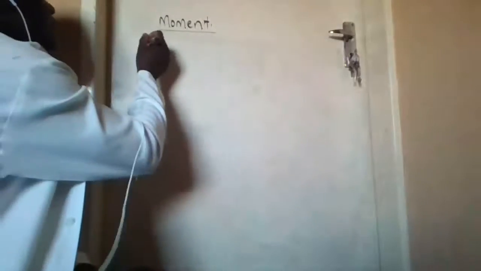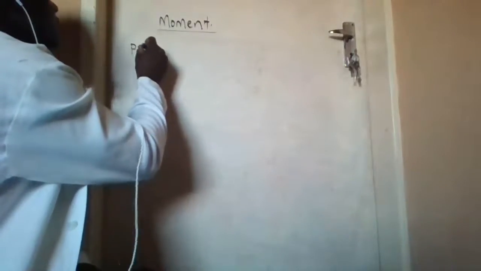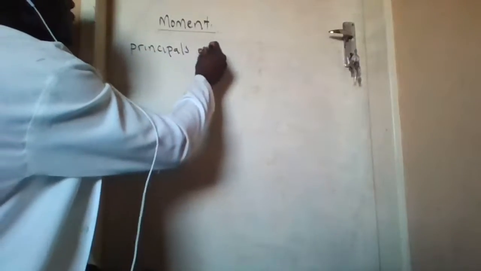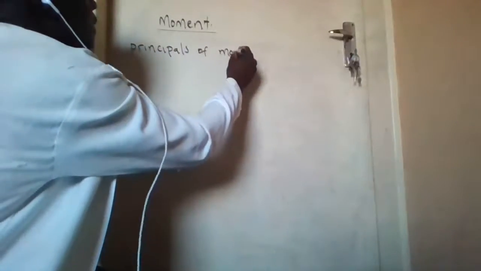And what is it that is causing it to move? And if it does not move, what can we say about it? That principle which guides us is called the principle of moments.